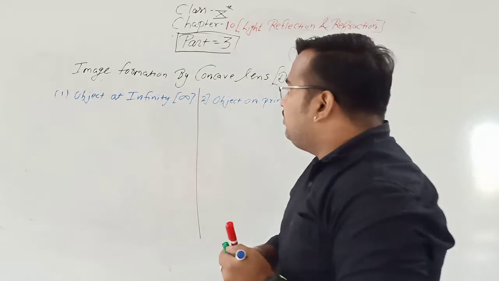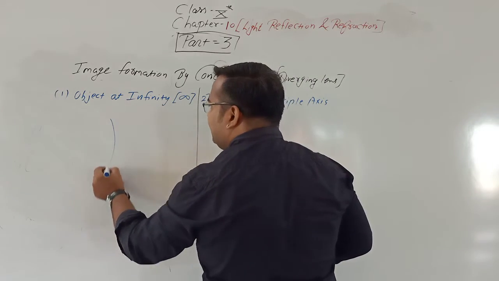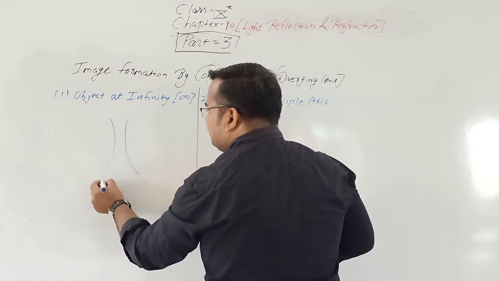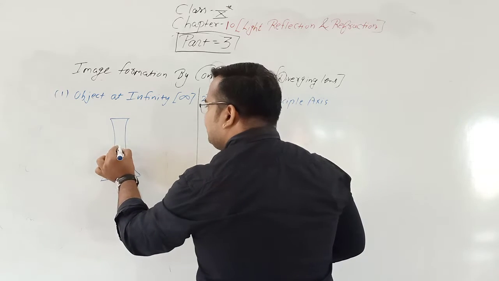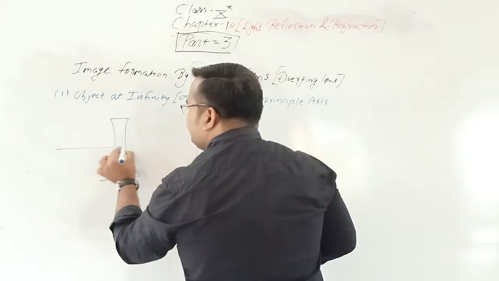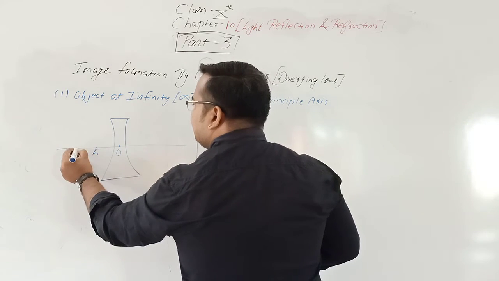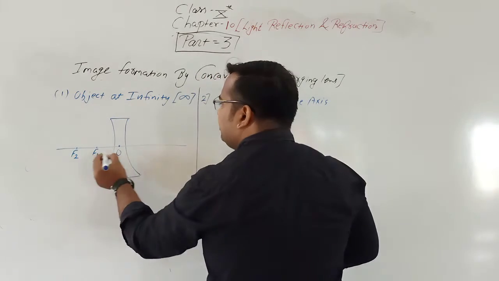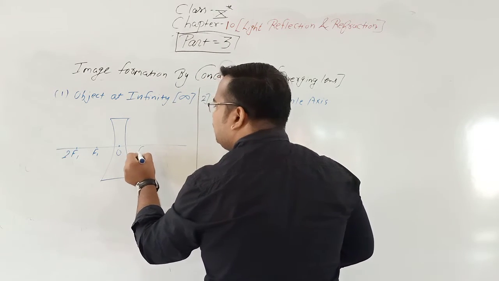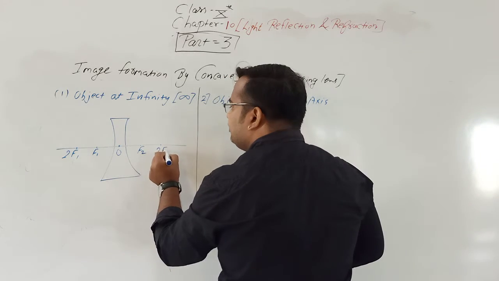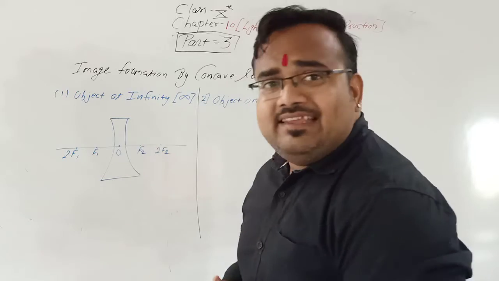Now see, in case of the object at infinity, this is a concave lens, this is optical center O, principal axis, F1, F2. So the object is at infinity.